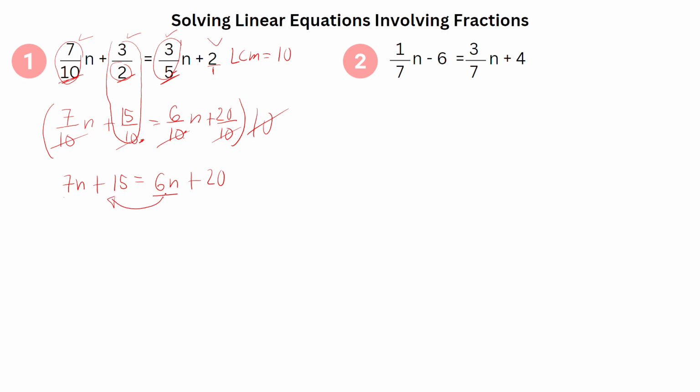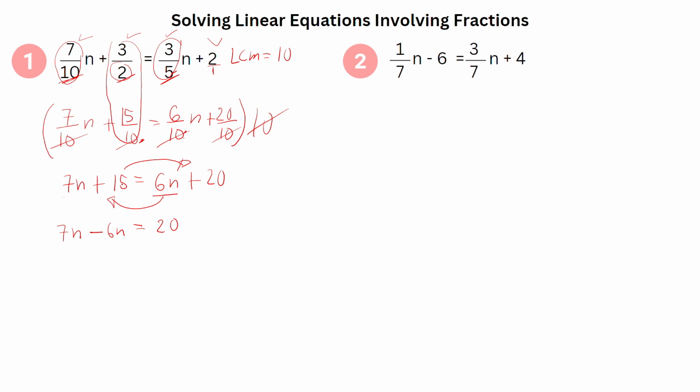If I put all those with variables to the left, those without variables will be placed to the right. Now, what will happen to 7n? It is still nothing, because 7n is just retained. And then 6n will become negative 6n, equals 20 is just retained.